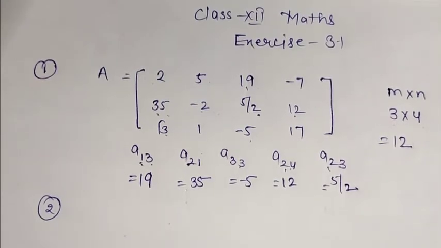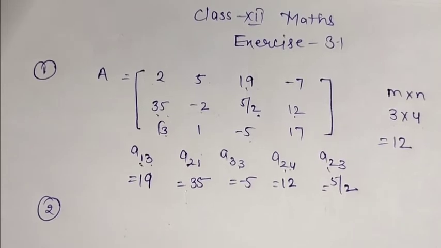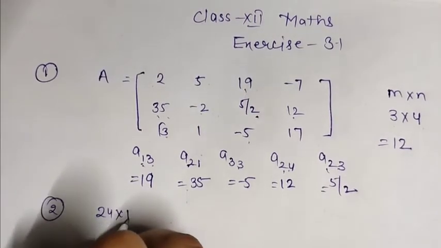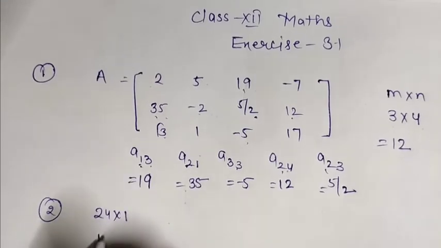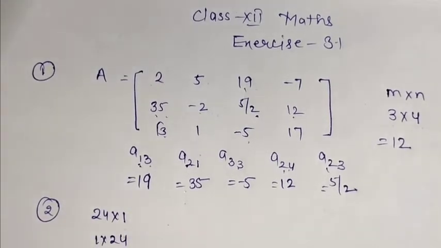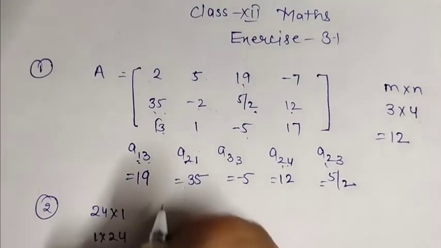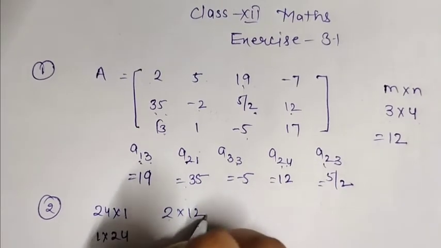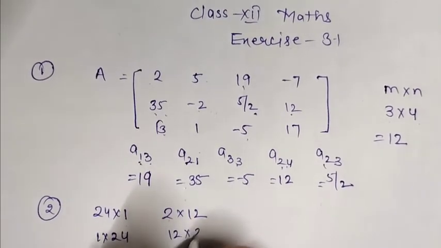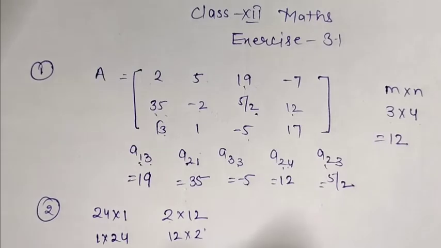We have 24 elements and we have to find the order. As you know, we can divide 24 as 24 by 1, so this is a matrix, and 1 by 24 is also a matrix. Next we can write 12 by 2, or 2 by 12.